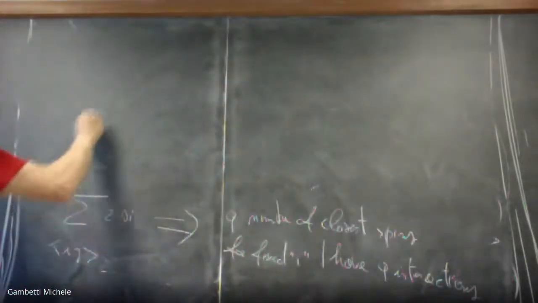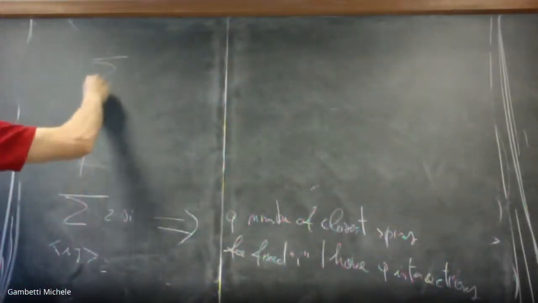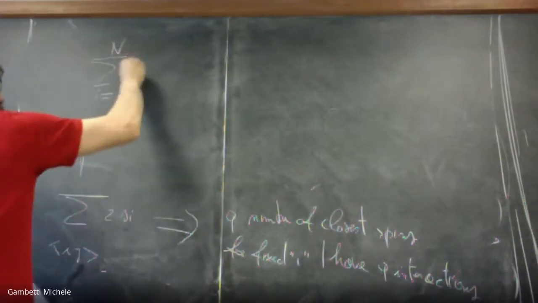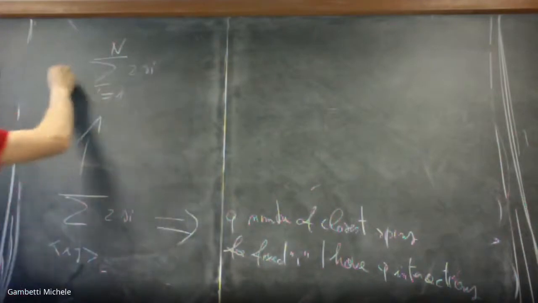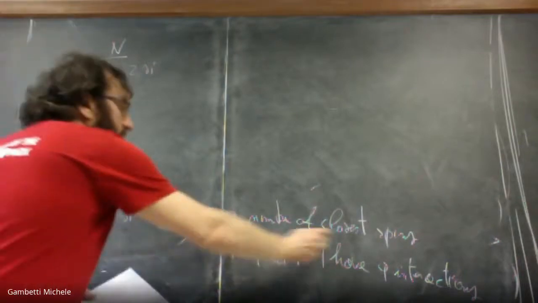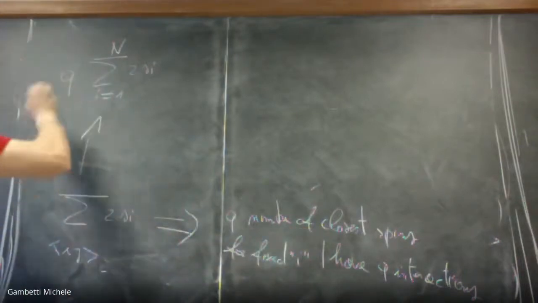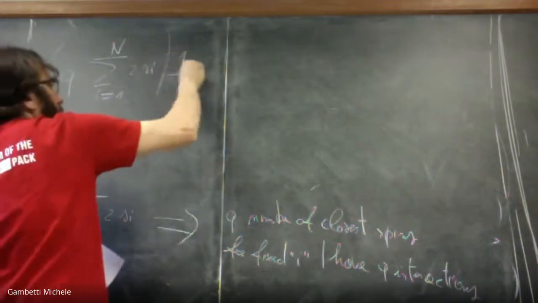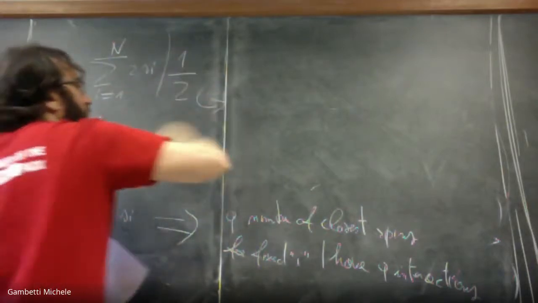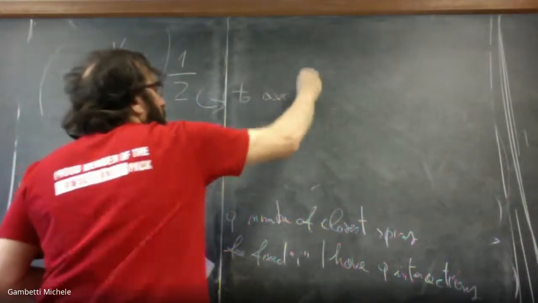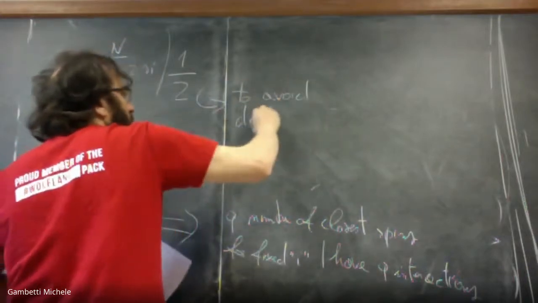Then this is equal to the sum over i from 1 to n of 2Si times Q, the number of the closest spins, but I have to divide by a factor of 1/2. That comes from avoiding double counting.